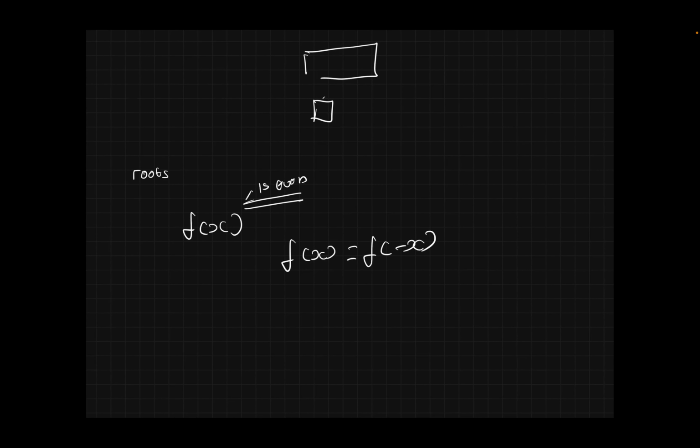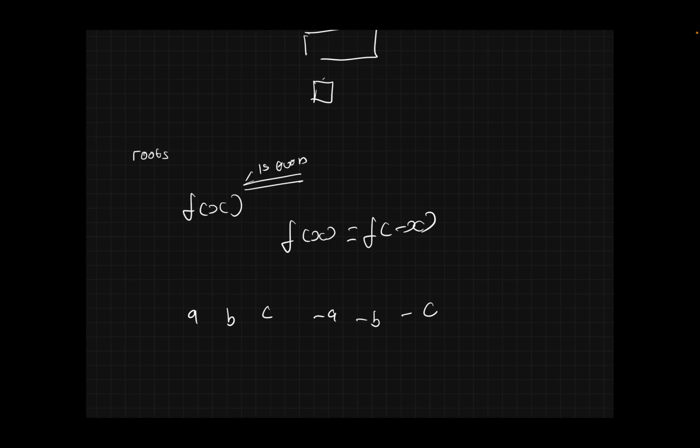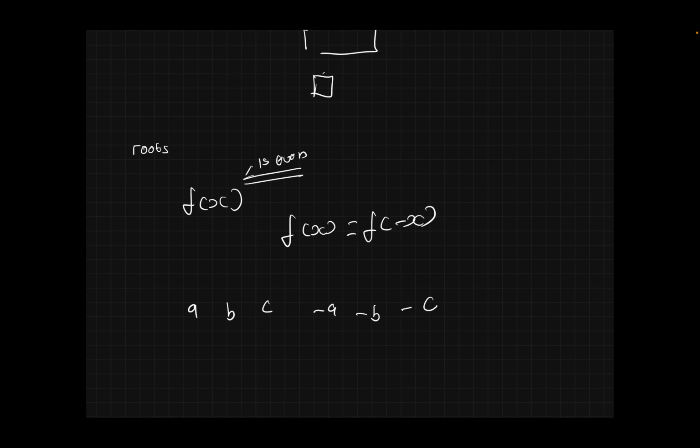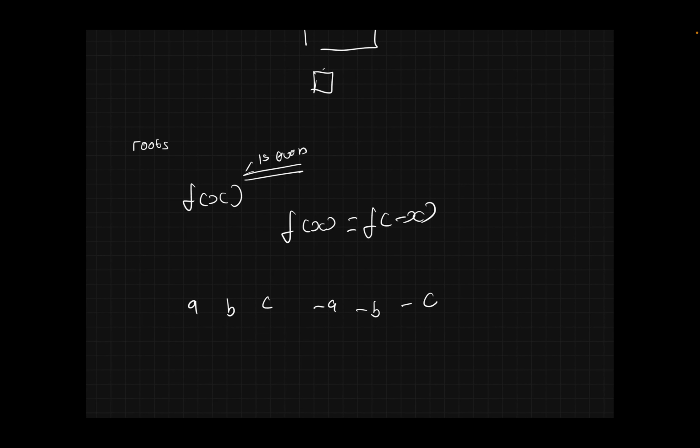When you're using roots of unity, you always have something like a, b, c, then minus a, minus b, minus c, right? So let's say you wanted to evaluate an even function at all these points, you only need to evaluate at the first three. You don't need to evaluate at the last three, because whatever answer you get here is the same answer you're going to get here.